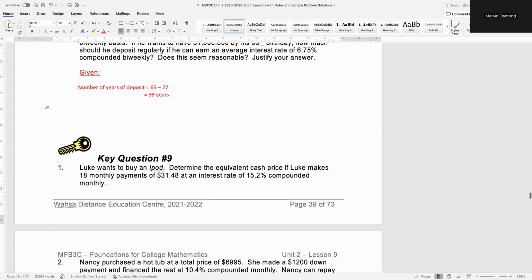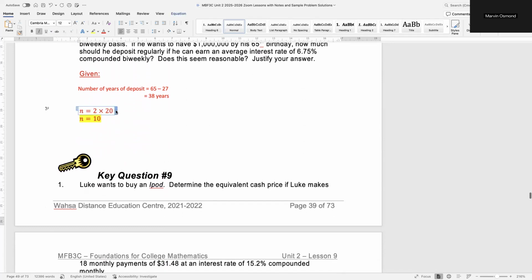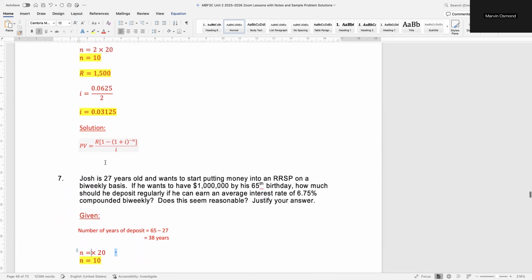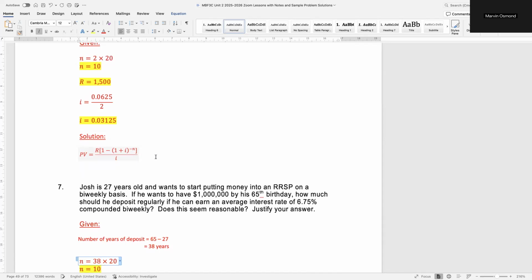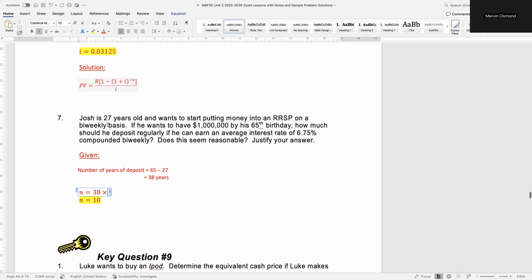Here my N value is going to be: invest the money for 38 years, making payments every 2 weeks. There are 26 two-week periods in a year, so 26 times 2 is 52, so it'd be 52 payments per year.